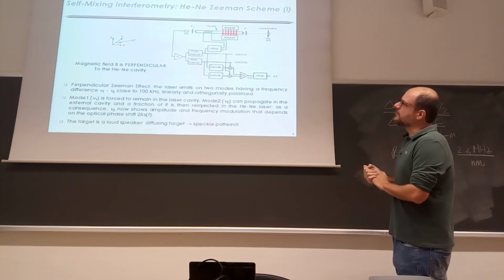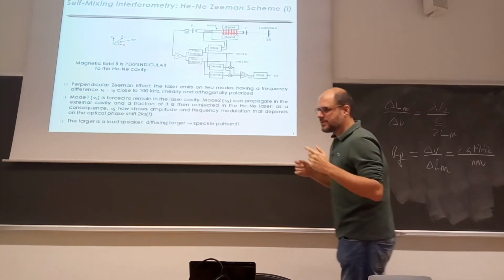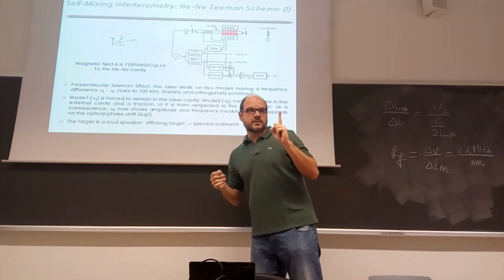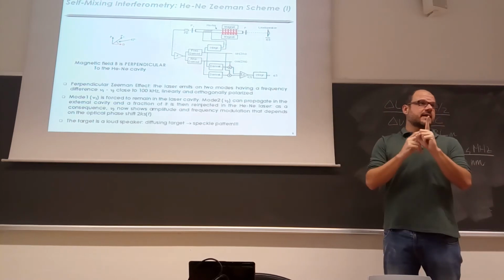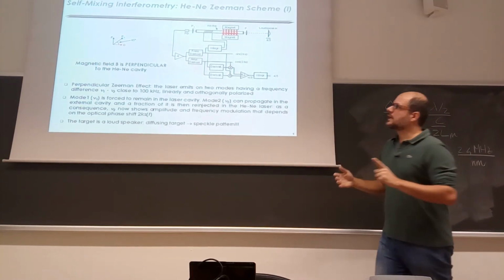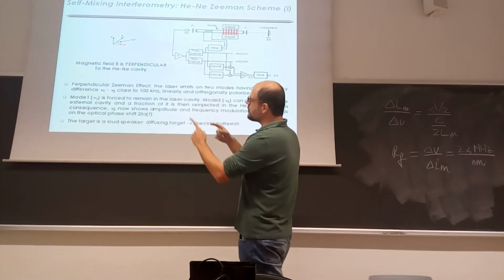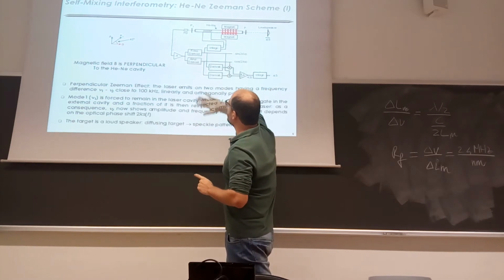Now, why do you use two modes? Because one will be used as a reference mode, and the other one will be able to go into the external cavity until the target. In particular, the two orthogonal modes will be directed along the magnetic field.